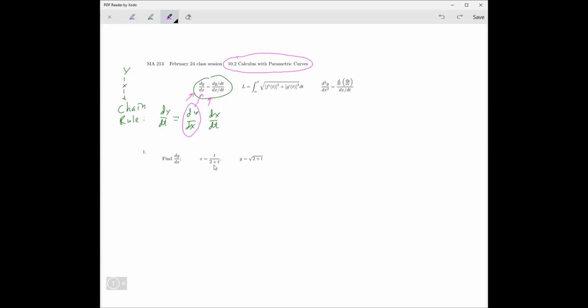Okay, so here we have parametric equations. x equals t over 2 plus t, y equals the square root of 2 plus t. And we want to find dy dx.